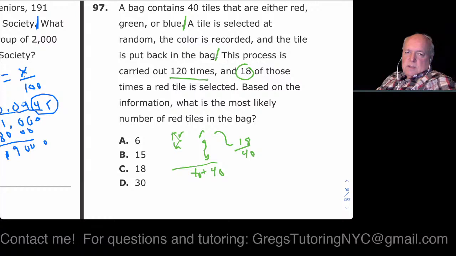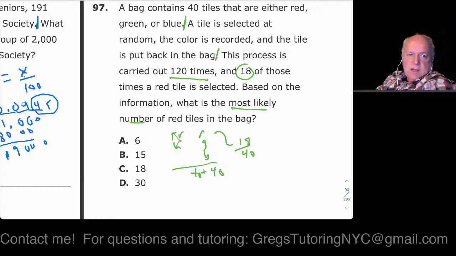Based on the information, meaning the experimental tests, the experimental probability, what is the most likely number of red tiles in the bag? So we don't know exactly. Sorry, I wrote the number here wrong. I read it was 18 out of 40. That's not true.